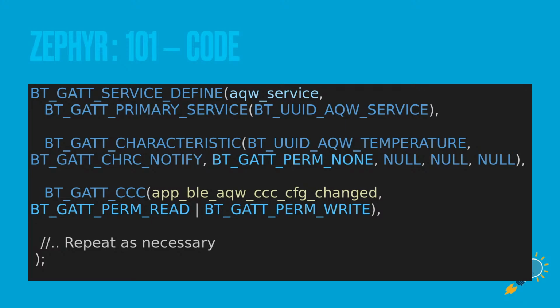You want to be able to make the permissions for reading and writing for that, because essentially there are two characteristics that really matter for each data value. Number one, you have the data value itself. You can read and write from that. You can pull it asynchronously, just pull it and see what the value is at any time.